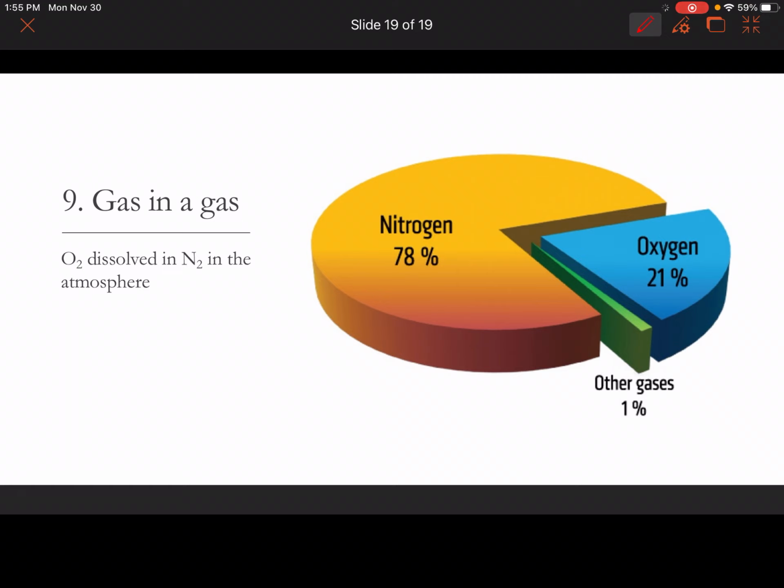We know that nitrogen makes up the vast majority of the air that we breathe, of our atmosphere. So oxygen is 21%. So oxygen gas technically would be dissolved in the nitrogen gas. So this would be a solution together, but the one that is the biggest will be the solvent. So nitrogen then is going to be our solvent here, and then the oxygen and the other gases would be our solutes.